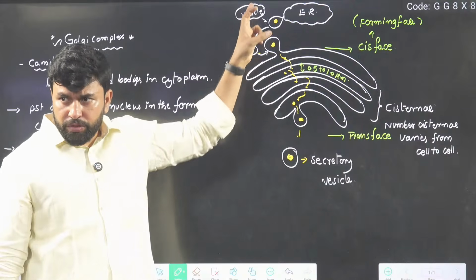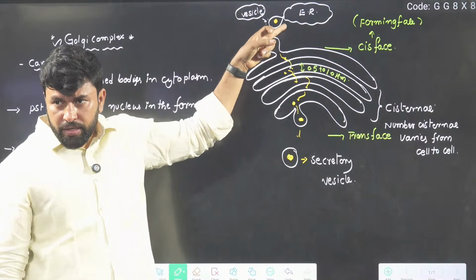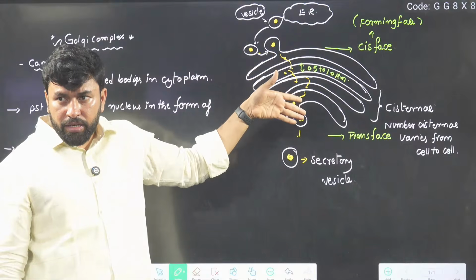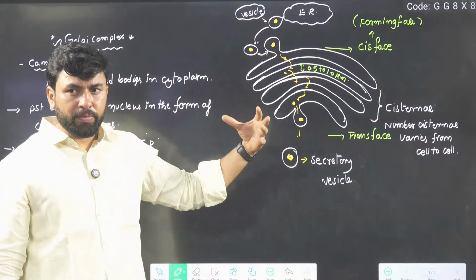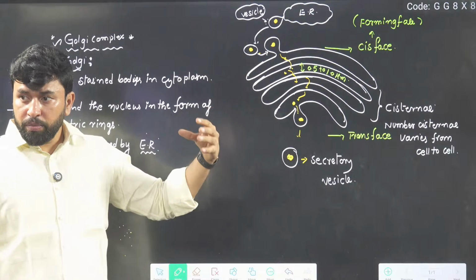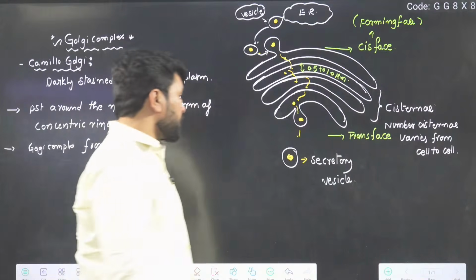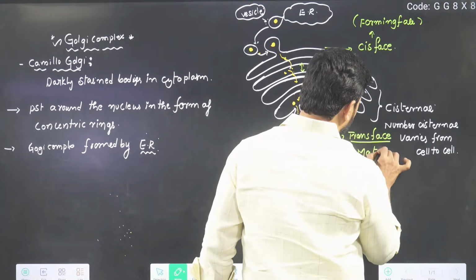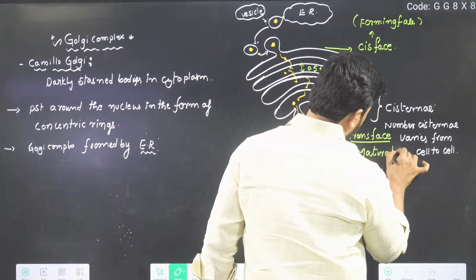The proteins which were formed in the cis phase gradually travel from one cisternae to another and have come here. What type of proteins do you expect in the trans phase? Matured, properly formed proteins. Is it okay?